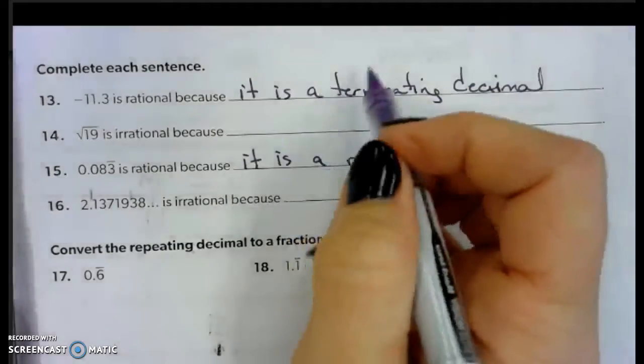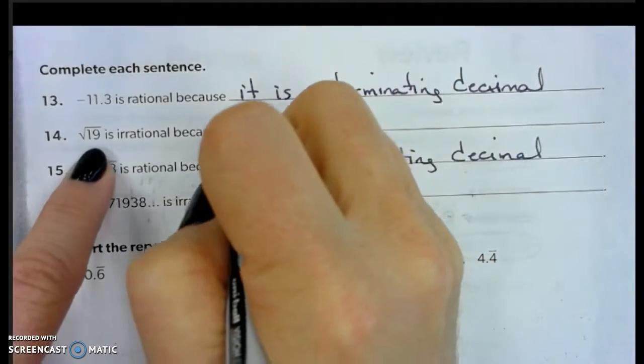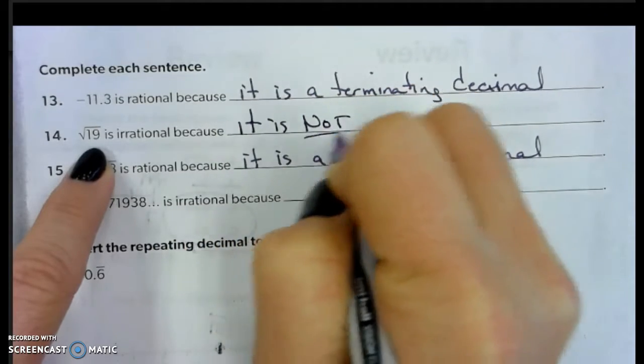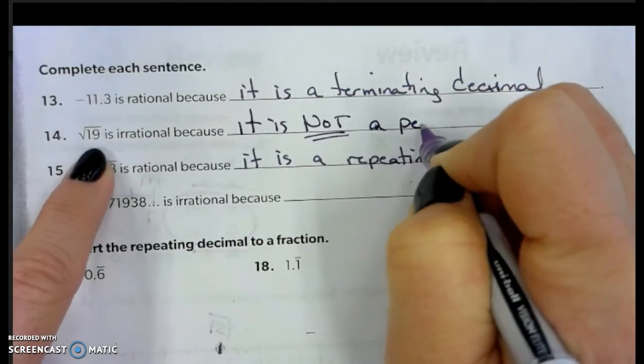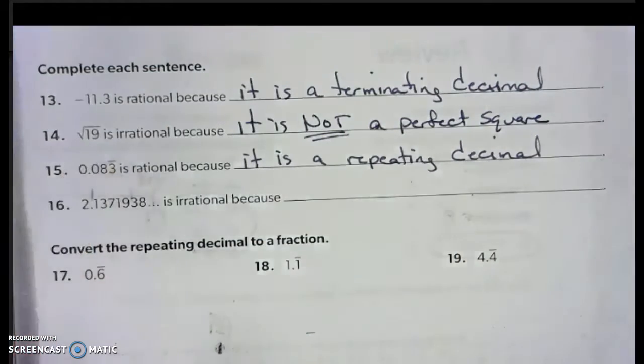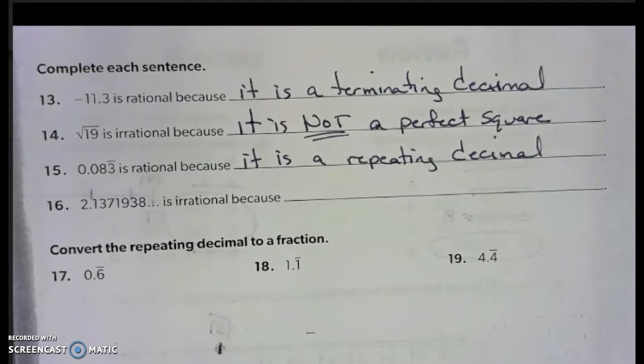But without a calculator, the square root of 19 is irrational because it is not a perfect square. It's in between 16 and 25. So you're going to come up with like 4 point some big bunch of decimal places that goes on forever. Okay, it's not a perfect square.